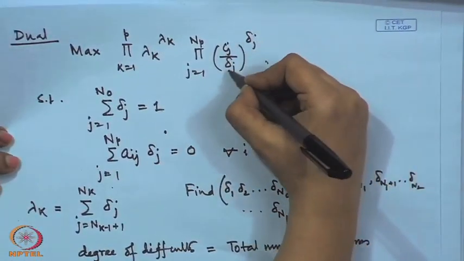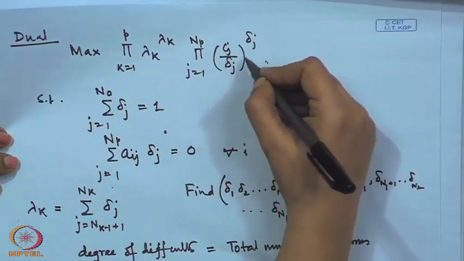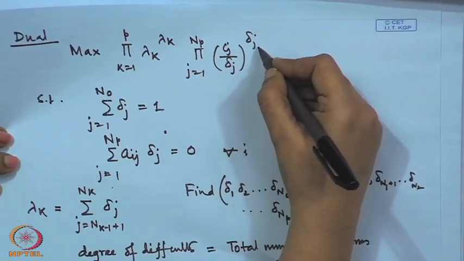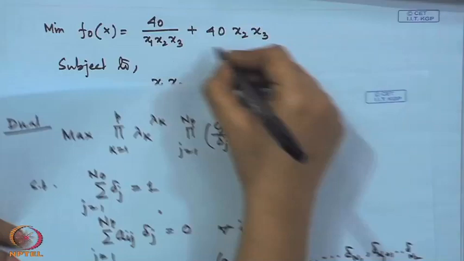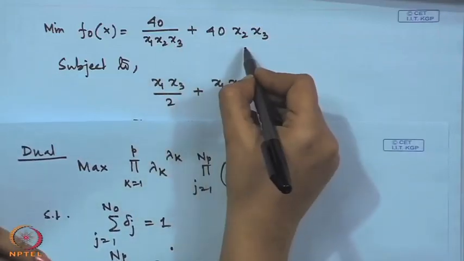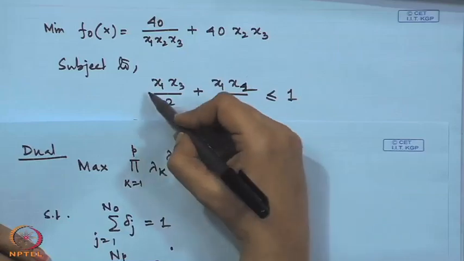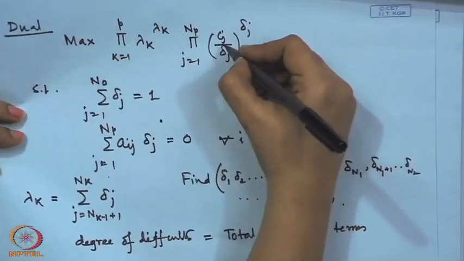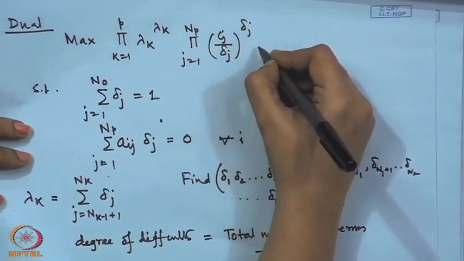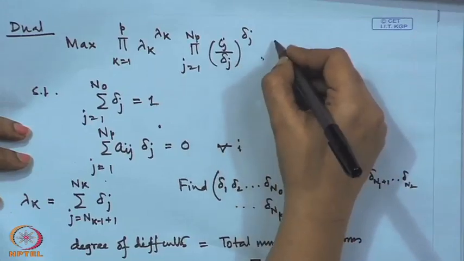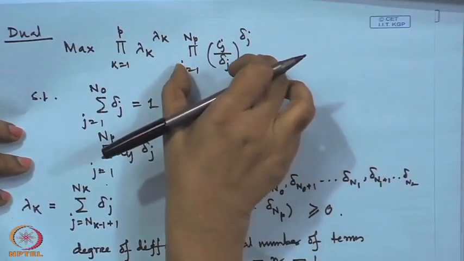Thus, we will have C1 by delta 1 to the power delta 1, C2 by delta 2 to the power delta 2. This is coming from the objective function because objective function has 2 terms. From the constraint we have another 2 terms C3 and C4, that is 1 by 2 and 1 by 4. C3 divided by delta 3 to the power delta 3, C4 by delta 4 to the power delta 4. This is the set.